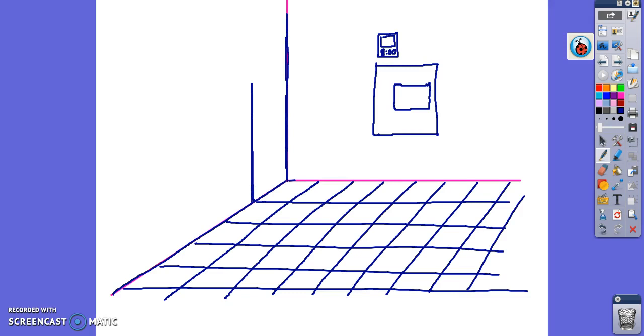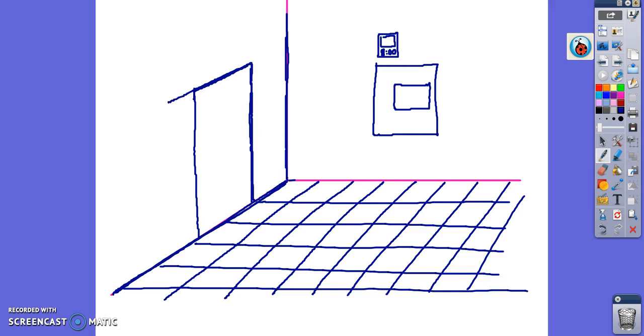So we would still go straight up to draw our door, but the top of the door isn't going to just be straight across. The top of the door, again, is going to be parallel to the floor on that wall. So when we draw the top of the door, we want to make that parallel to the floor.